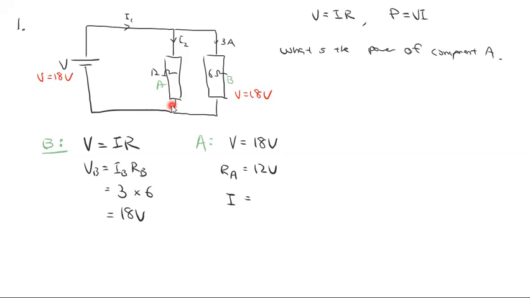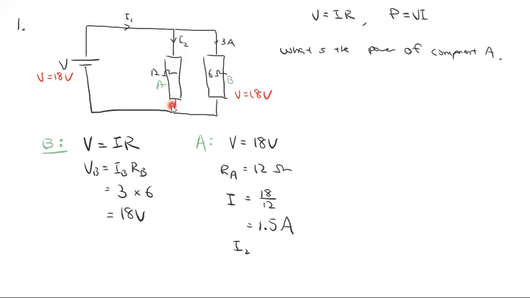18 volts. What's the current in A? So the current is 3/2. Yep, 1.5 amps. So in other words, I2 is 1.5.